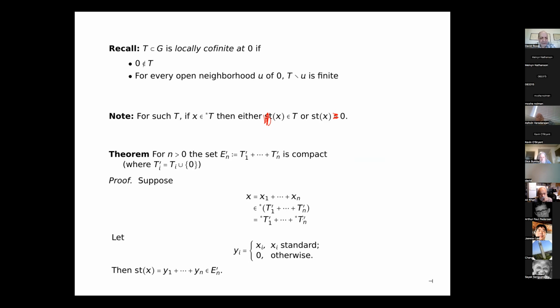And that's true for each of the Ti primes. So this is just the sum of some either standard elements or zeros. And that means that the standard part of X is in E sub n prime. And so E sub n prime is compact by the Robinson compactness criterion. So it's pretty trivial. And that gets you the nowhere dense results in the real line for free.